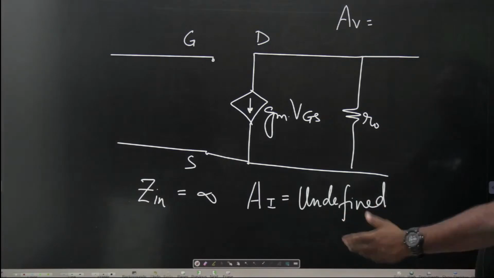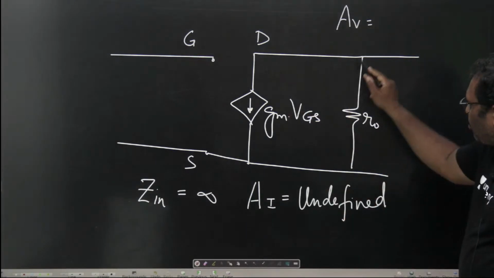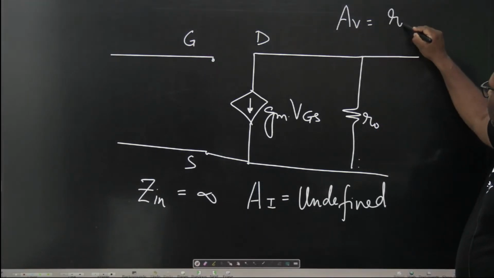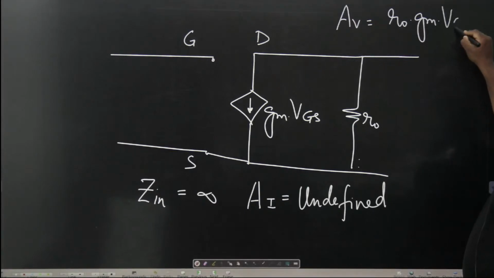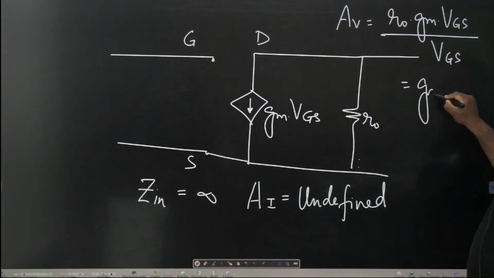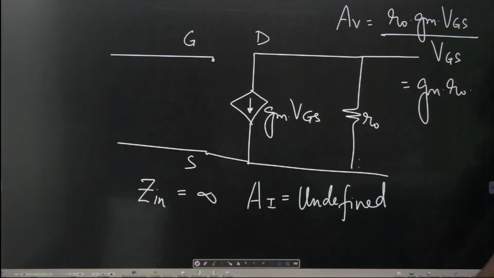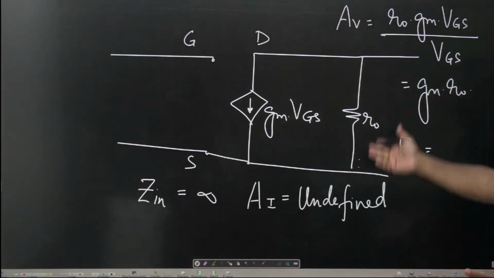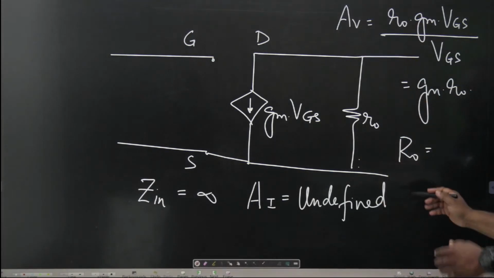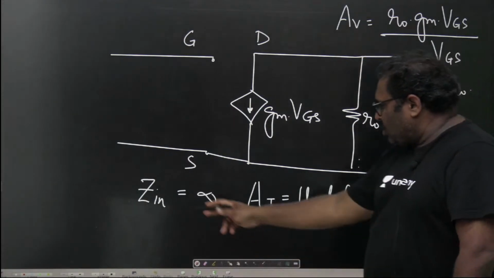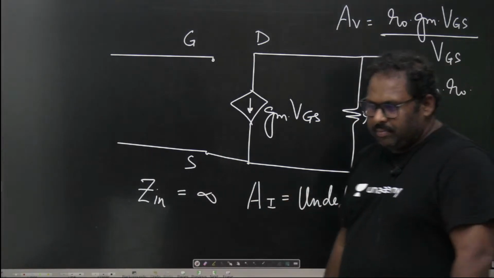The voltage gain is the output voltage, the voltage across R0, which is R0 into gm into VGS, divided by the input voltage VGS. So it is gm into R0. And if somebody asks me what is the output impedance, that is finitely R0. So you can say that there is an output impedance and a voltage gain, but there is no input impedance and no current gain.